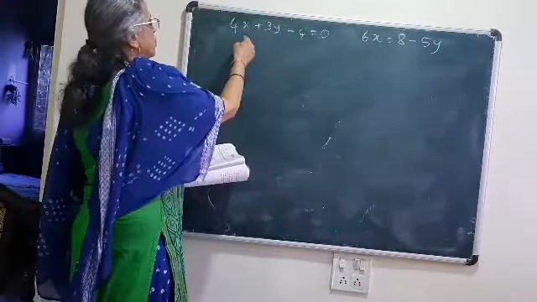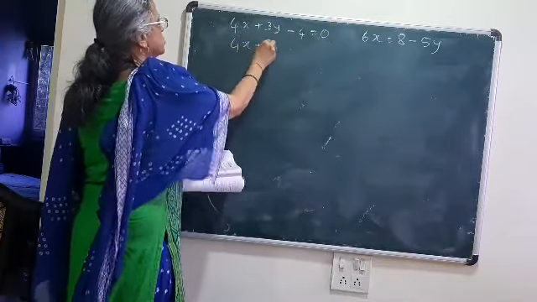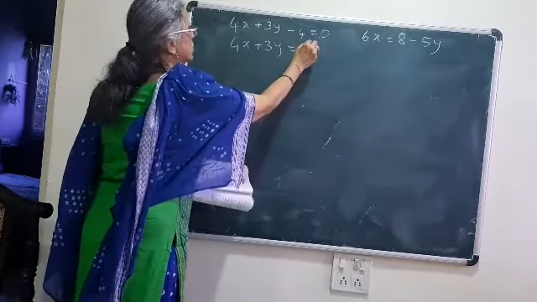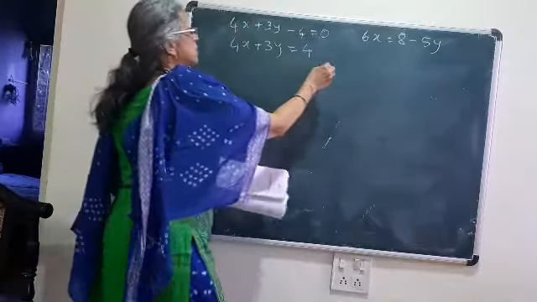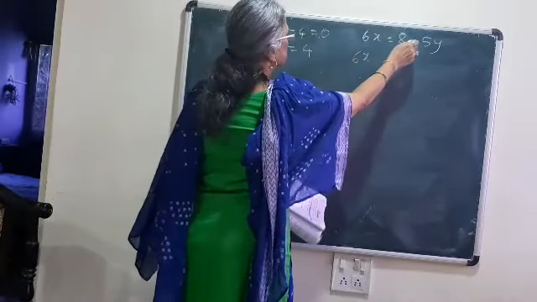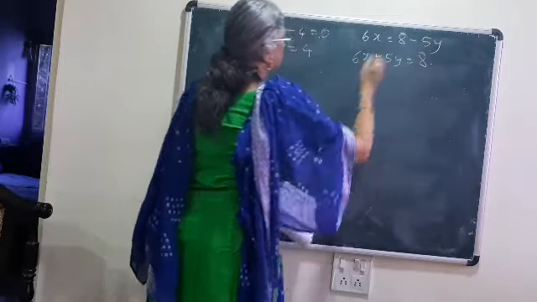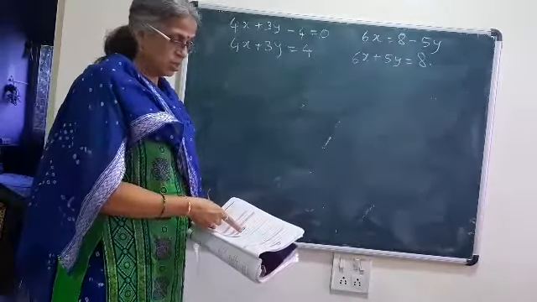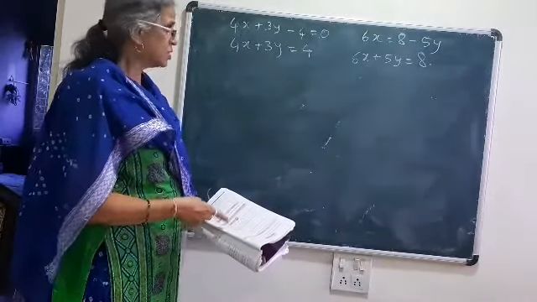So 4x plus 3y, first we are going to convert it into standard form, that is x term then y term is equal to 4. Followed? Then in this we take 5y on this side: 6x plus 5y is equal to 8. So that is the first step required for the second equation given in 1.3, third question.